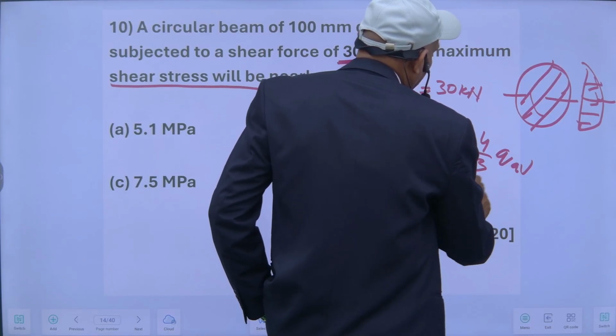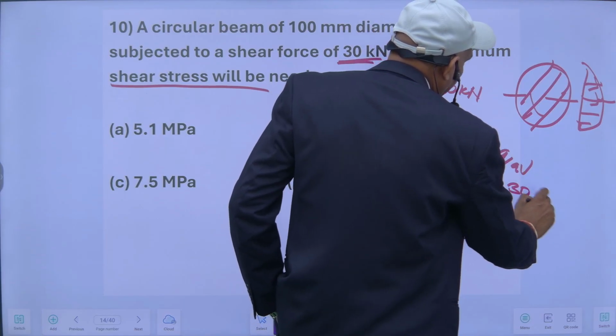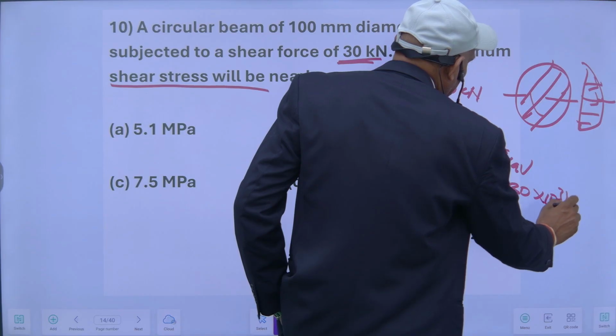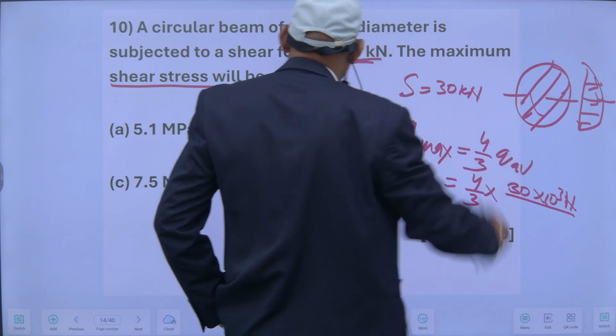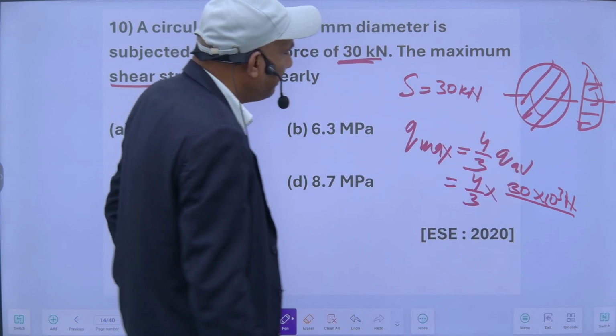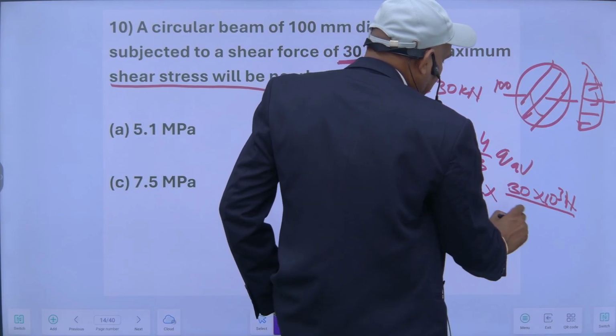And what is Q average? Q average will be this shear force, in Newton, divided by the area of cross section. The area of cross section, for 100 mm diameter, will be pi d square by 4.